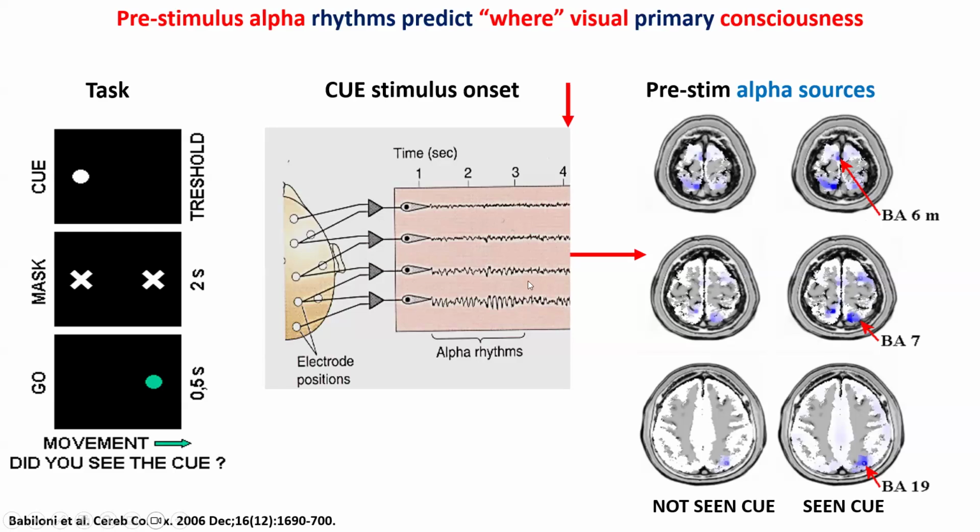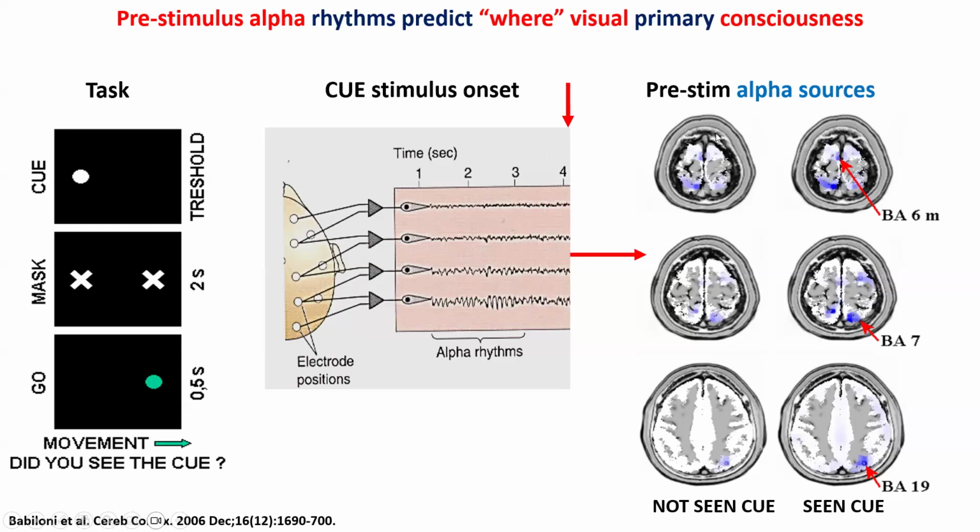And so we concluded that, in the fluctuation of alpha source activity before cue stimuli, in the case of higher alpha source activity in the dorsal visuospatial pathway, there was more ability to recognize the side of the cue stimulus.